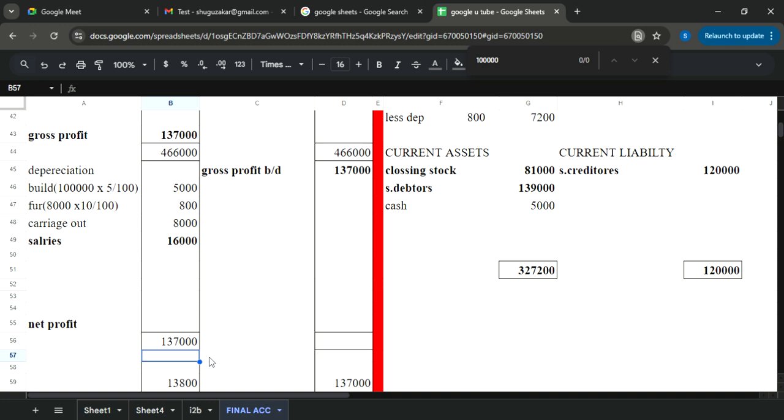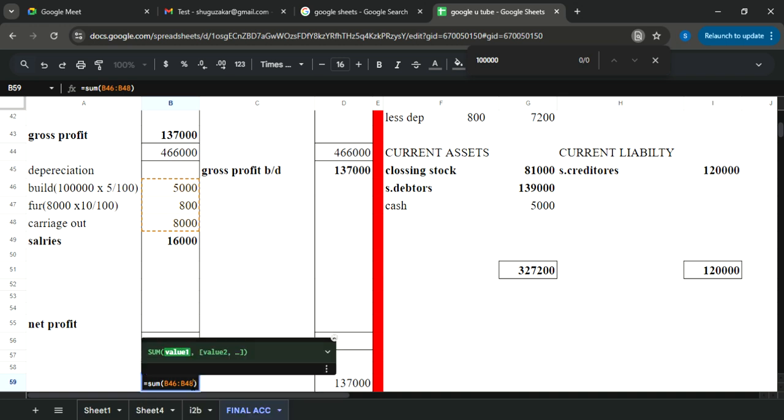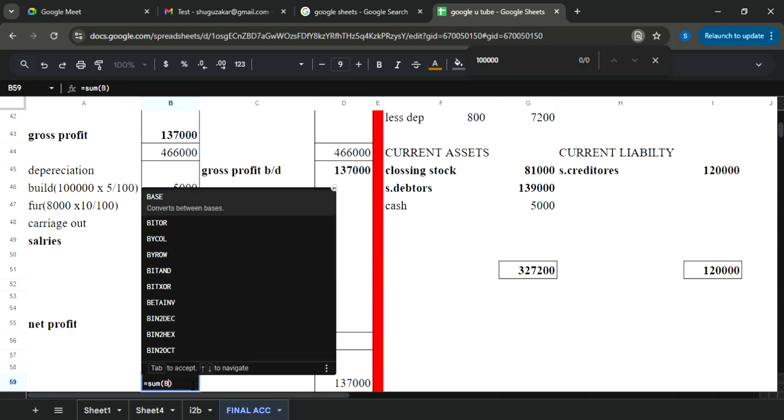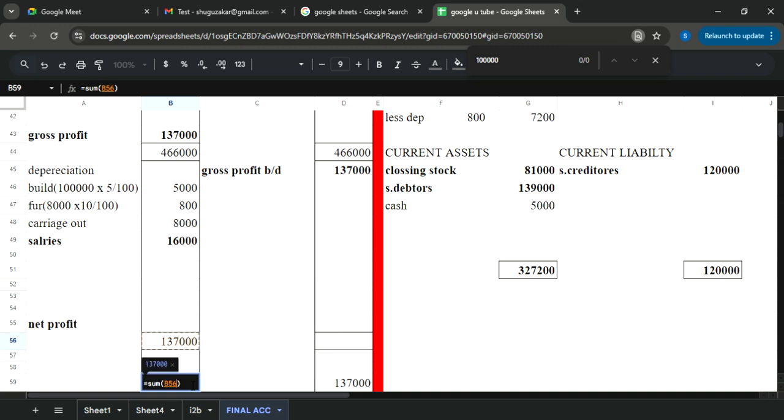So guys, 137,000 is the only amount present on credit side, so total is this, and we are going to calculate sum of debit side as well. So here we need to calculate sum of debit side, and we have four amounts.